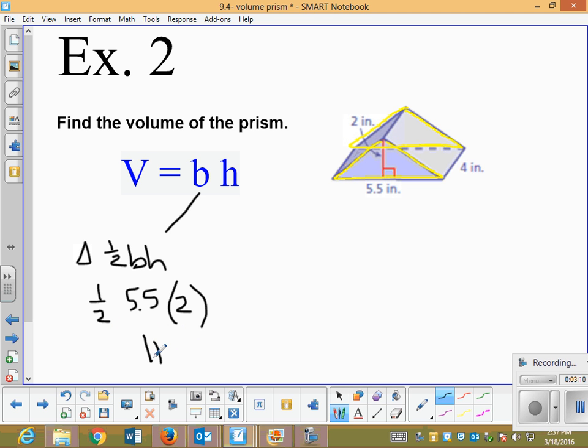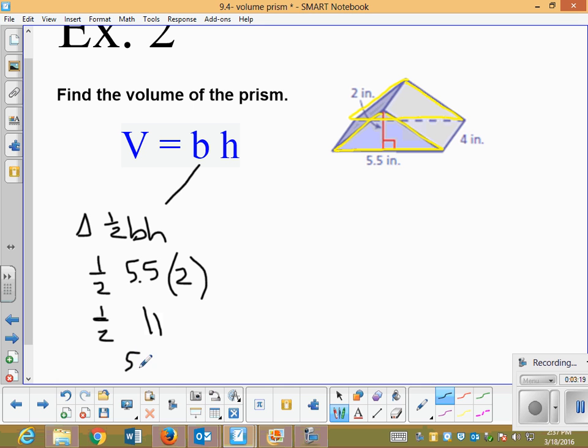And after that, I'm going to divide it by 2. Divided by 2, it brings me back to 5.5. Okay, now that's just for the base. Again, you only have to find it for one. We don't double it, okay? We only have to find the base for one.